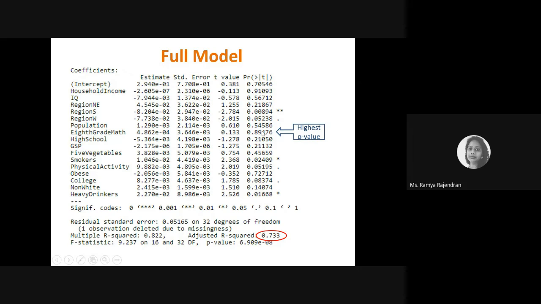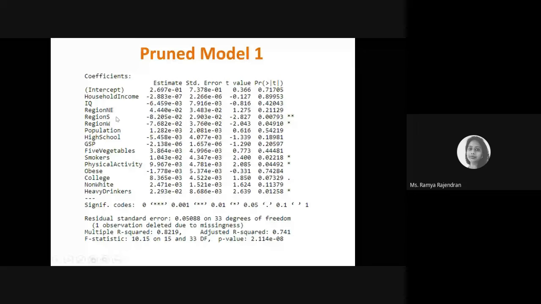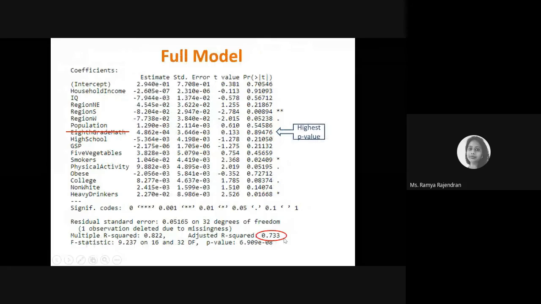So we found that 8th grade math has the highest p-value, so we can eliminate this variable from the model. When we eliminate the 8th grade variable, the adjusted R-square, sorry, increased. It was 0.733, and now it is 0.74.